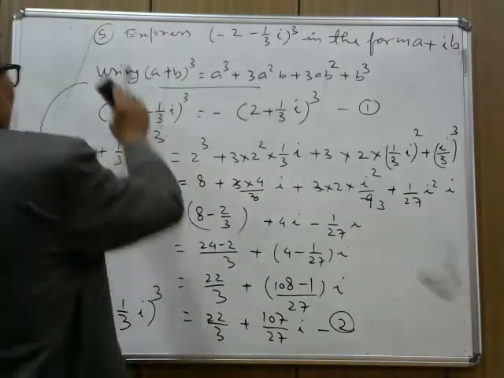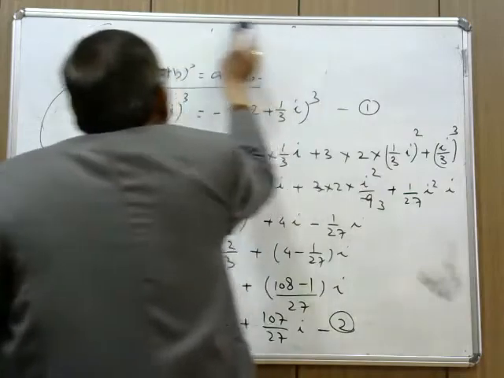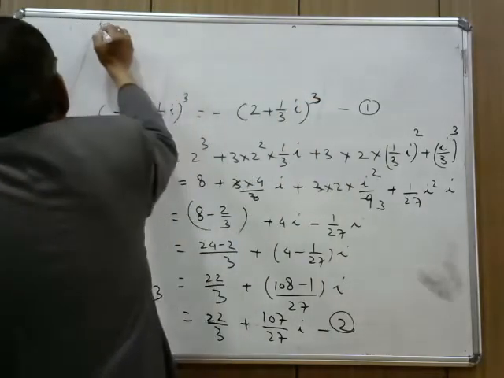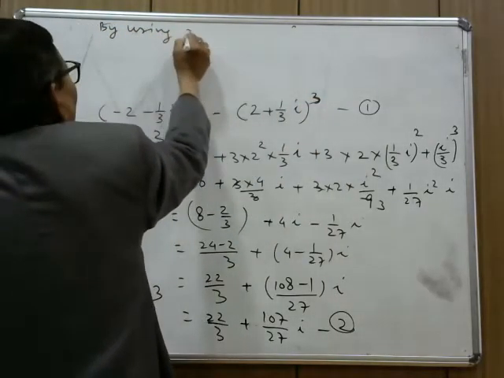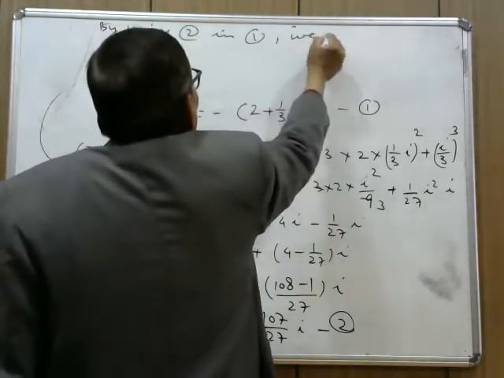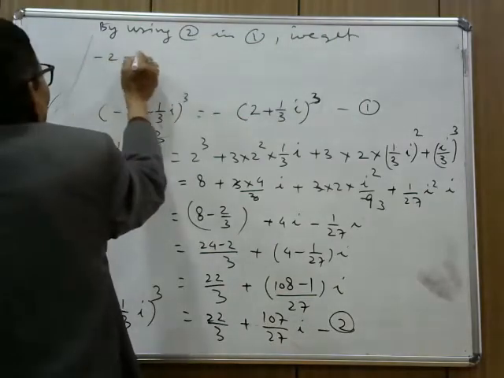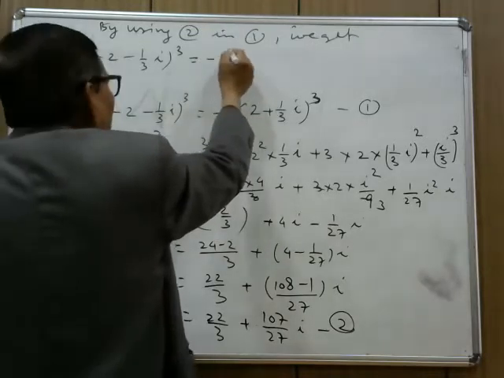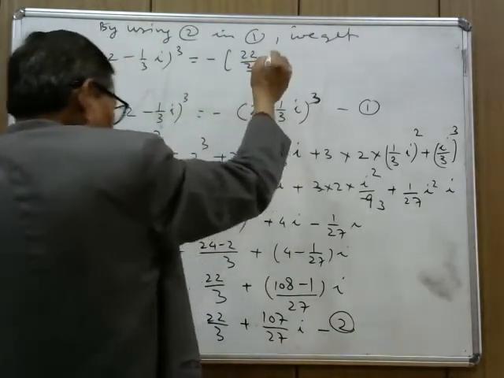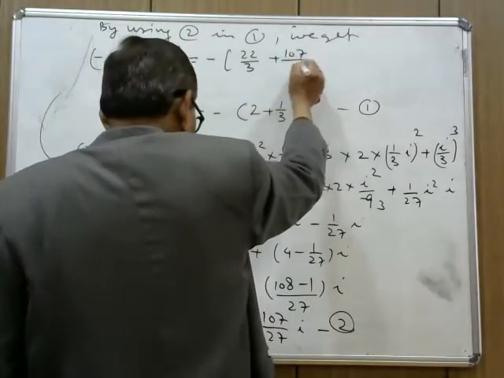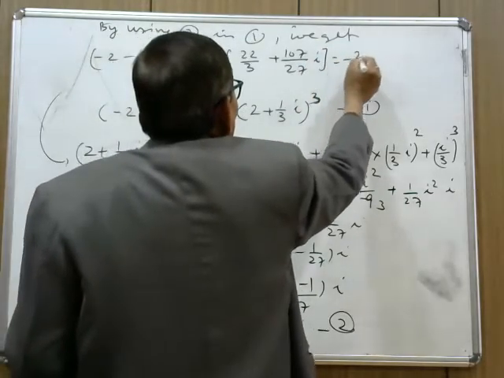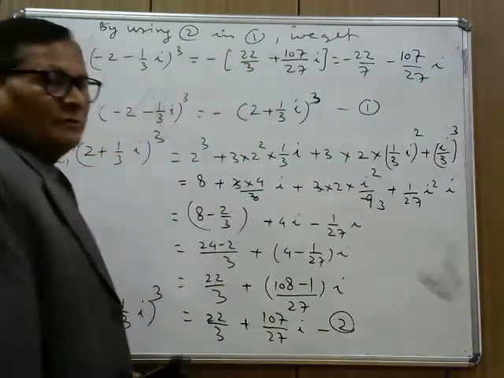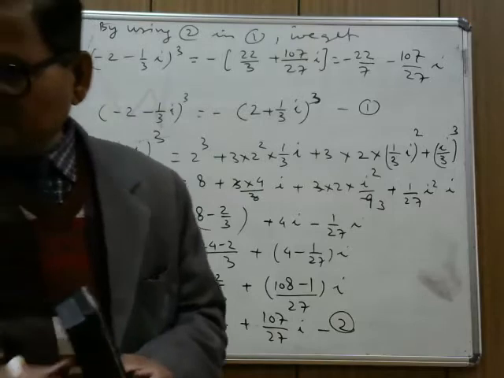Now using 2 in 1, we get (minus 2 minus 1/3i) whole cube equal to minus (22/3 plus 107/27i), open the bracket, that is minus 22/3 minus 107/27i. So this is in the form of a plus ib.